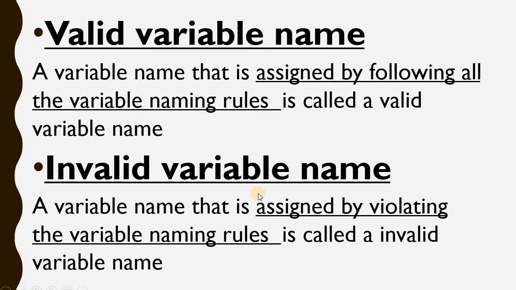Then invalid variable name will be the name that is assigned by violating the variable naming rules. Either we are violating any single rule or we are violating multiple variable naming rules. That variable will be known as invalid variable name. I hope it's clear now. Now it will be more easier for you to practice variable naming.